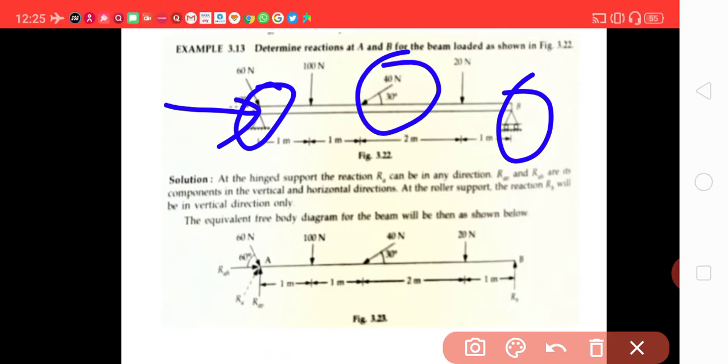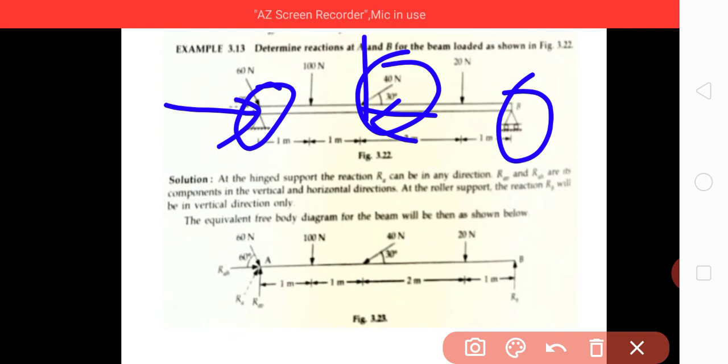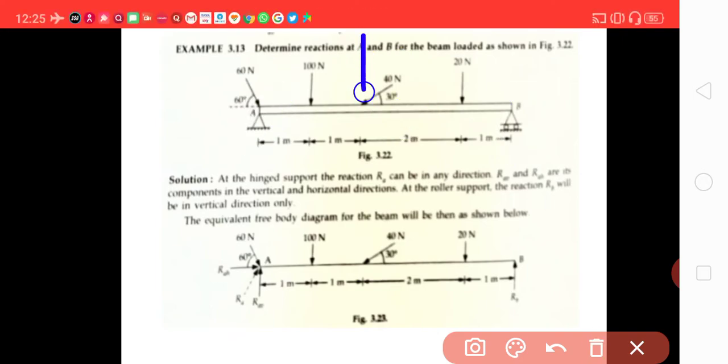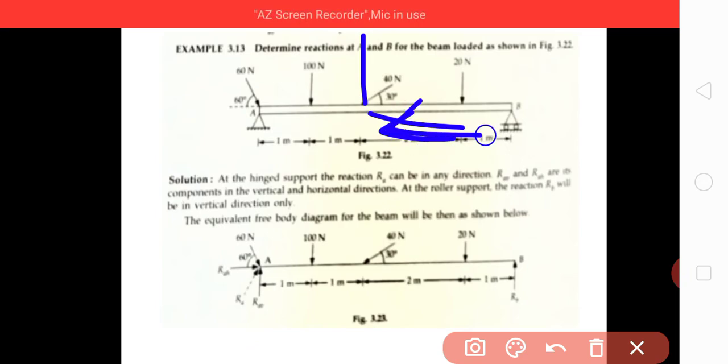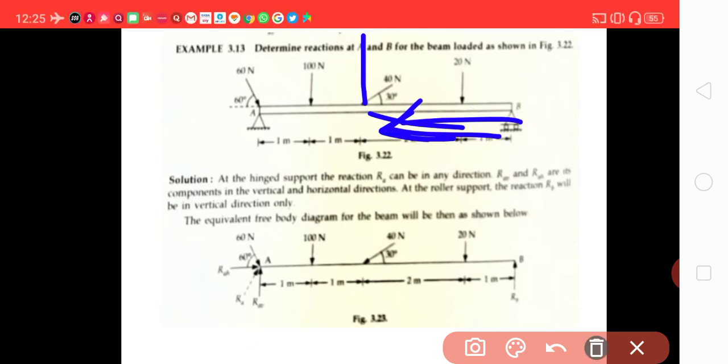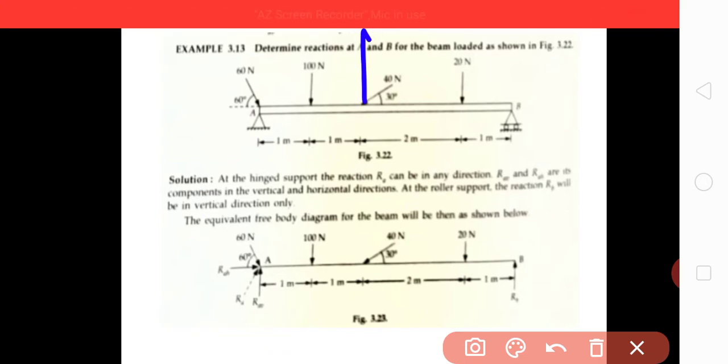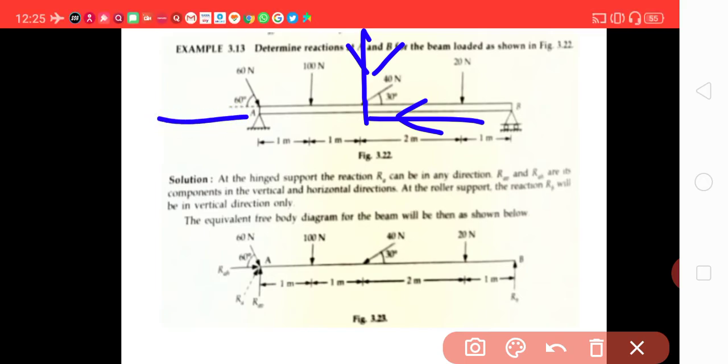Its horizontal component will be having a thrust like this, its vertical. We will be having two components, one giving a horizontal thrust, one vertical. To counter this thrust, this hinge will be having a counter reaction like this.